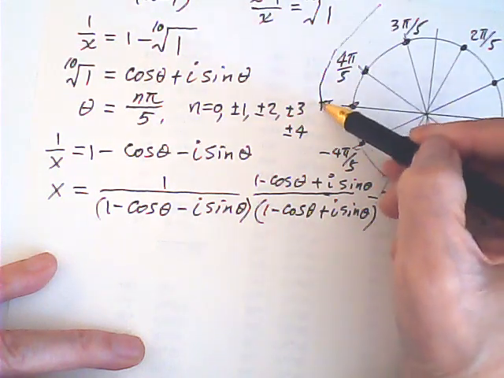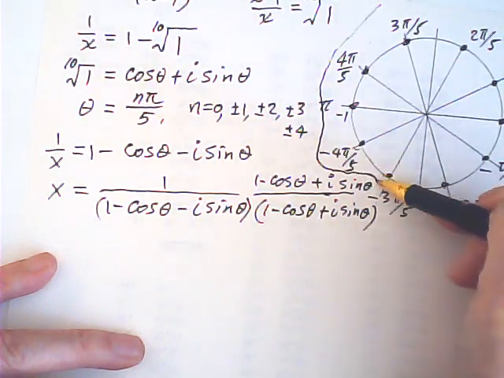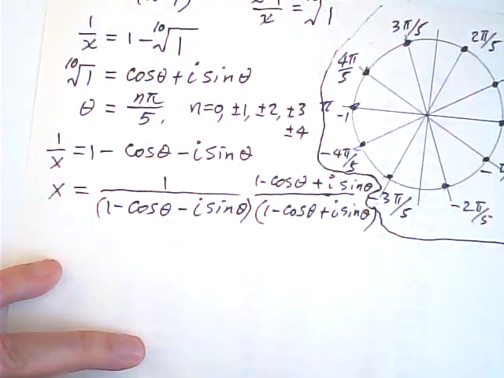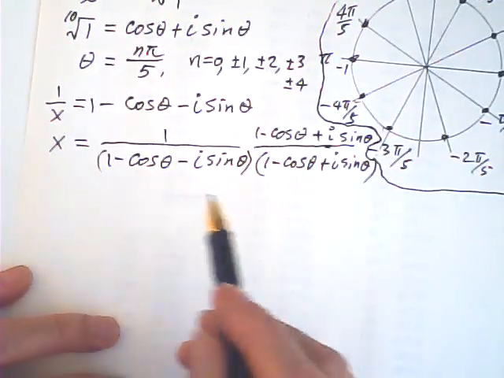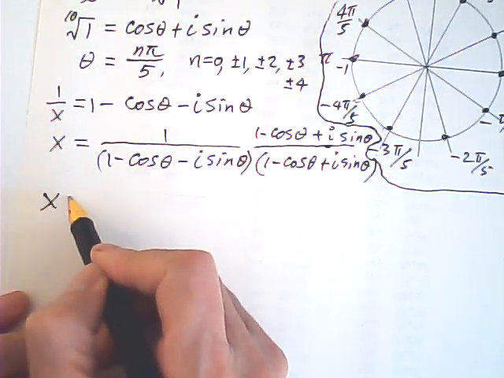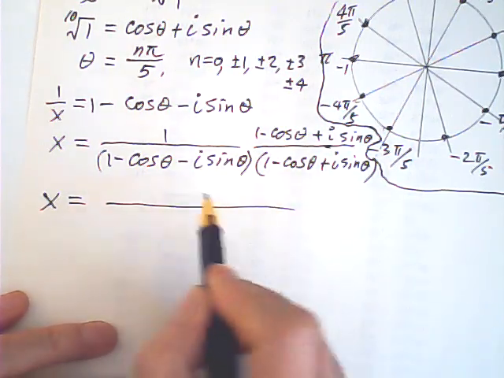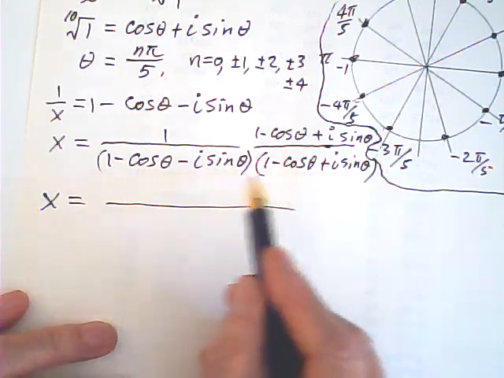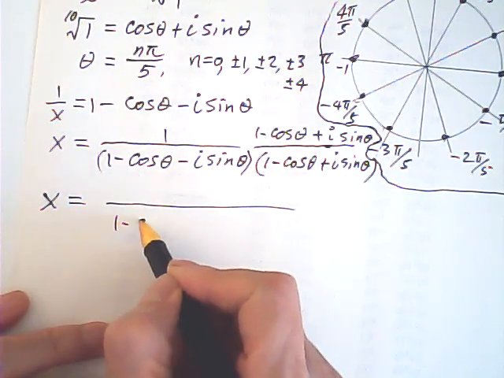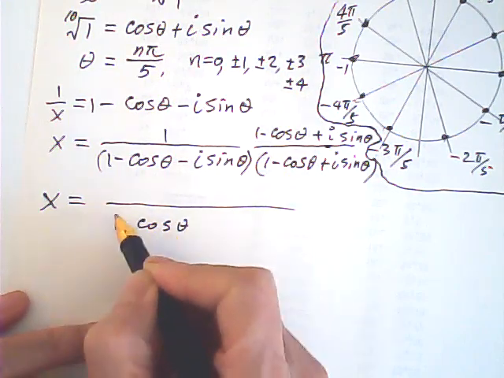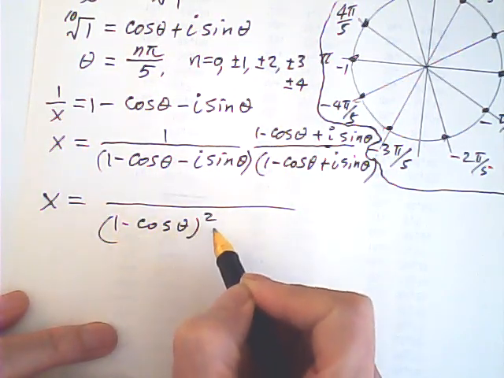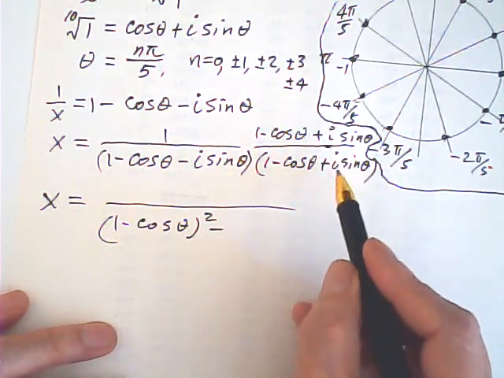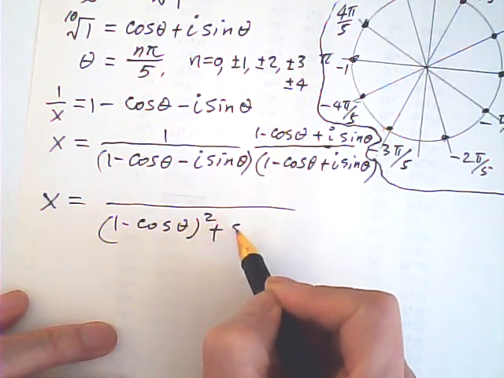All right, good. Then x is equal to, now the denominator, this minus this plus that is equal to this squared minus that squared, right? i squared is negative 1, so it becomes plus.